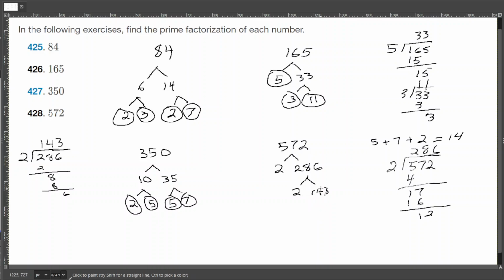Let's see. It's not divisible by 3, not divisible by 2. It's not divisible by 5 or 10. So the only other one we need to check is 7, but 7 won't work here. 11 is almost 12, huh? Almost, but that'd be 144.